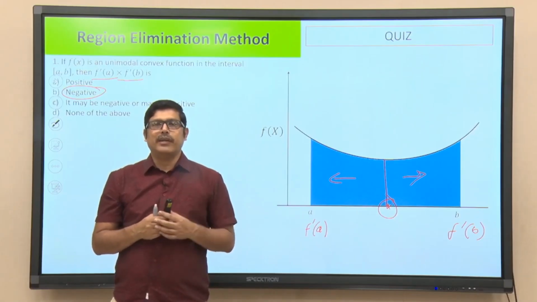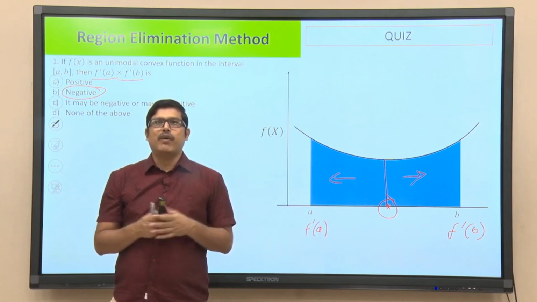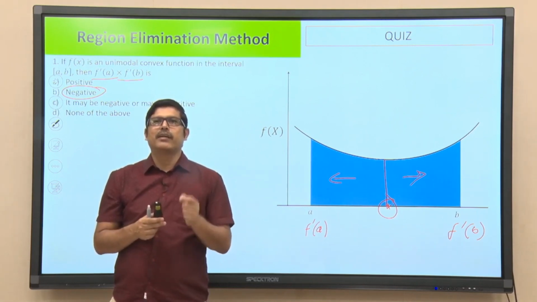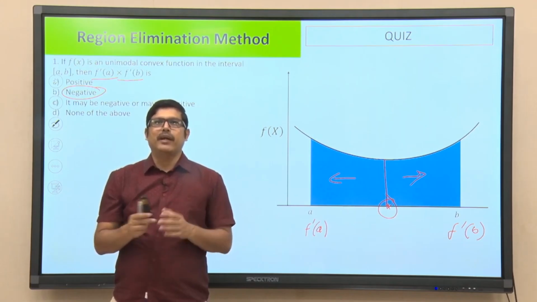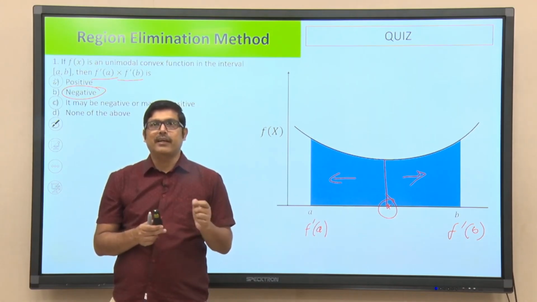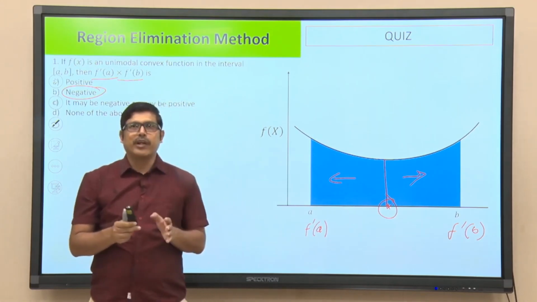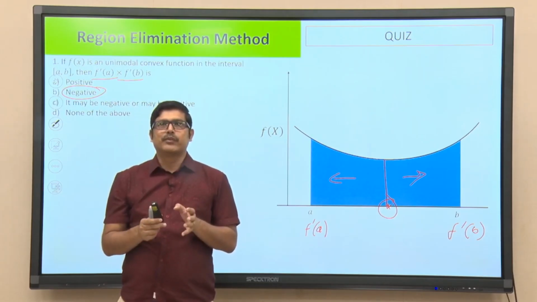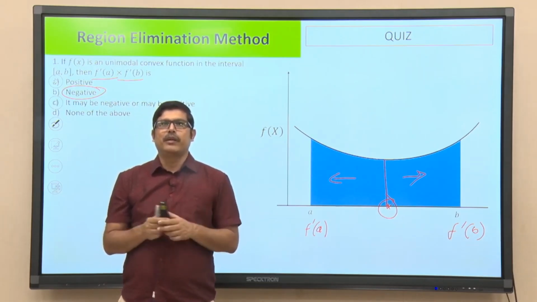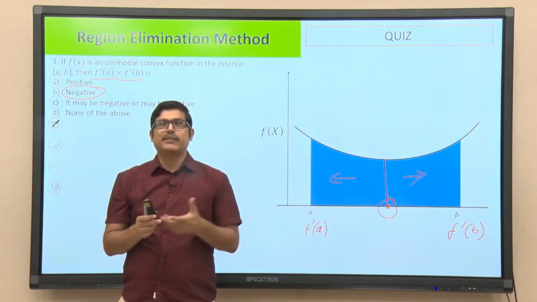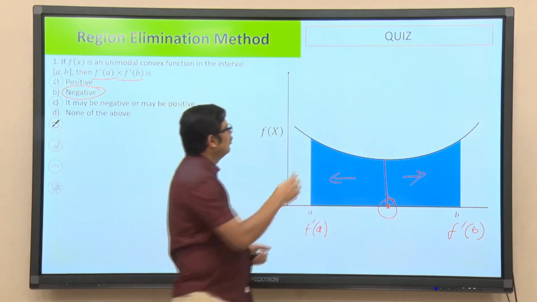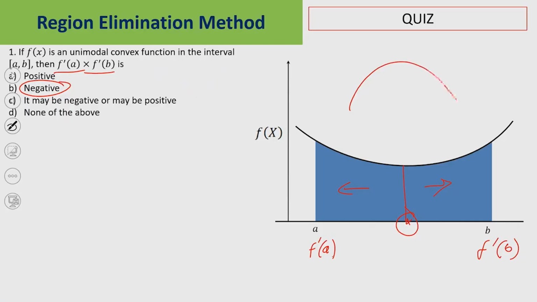Otherwise, what I can say is that for a unimodal function, if this product is negative, then there must be a minimum between A and B. So, if the product of these two derivatives is negative, there is a minima or a maxima between A and B. This is true for this type of function also.